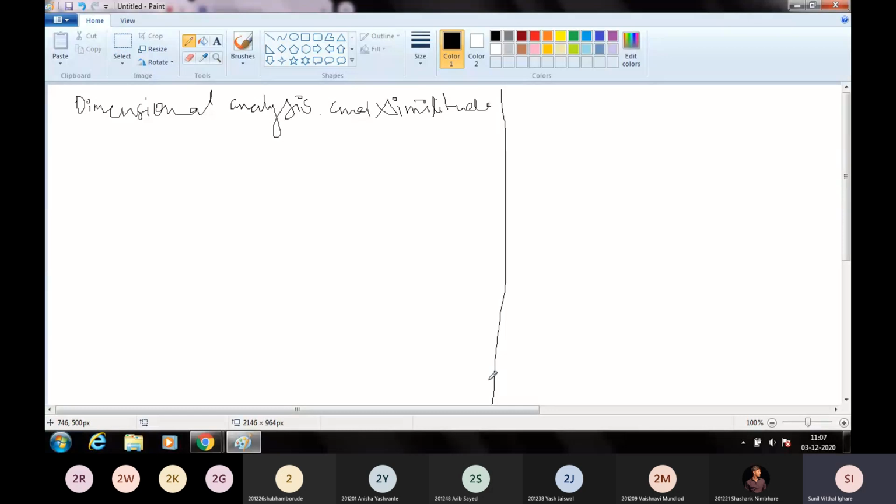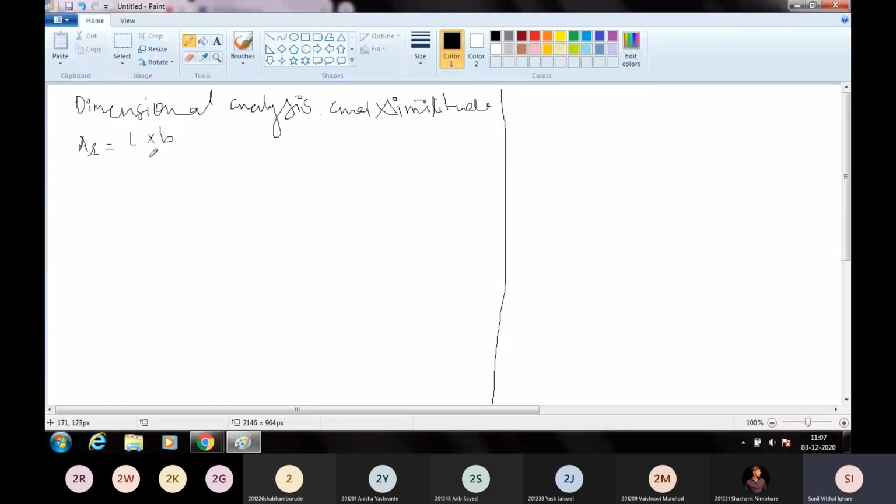If I have to write the area scale ratio, I just have to write it in terms of area. Suppose I write it in the paint, I can write it as length into width.